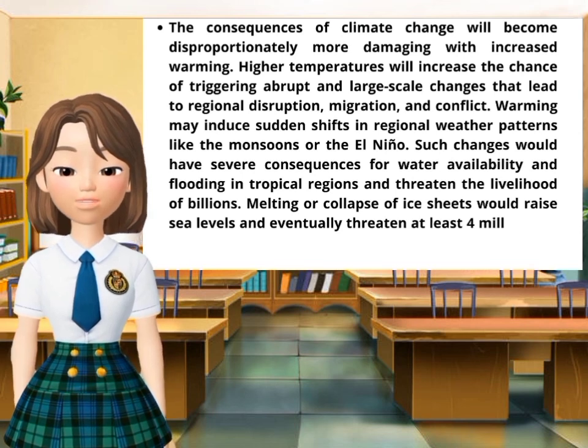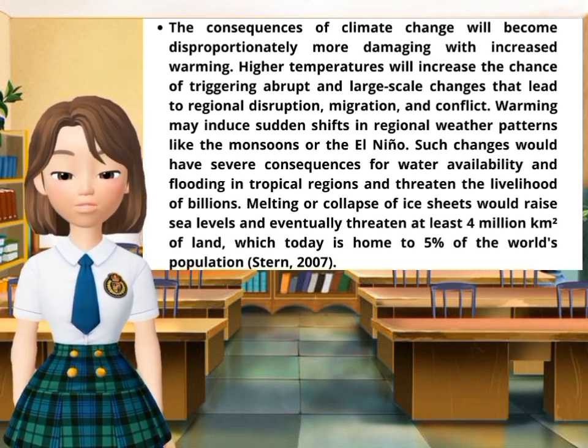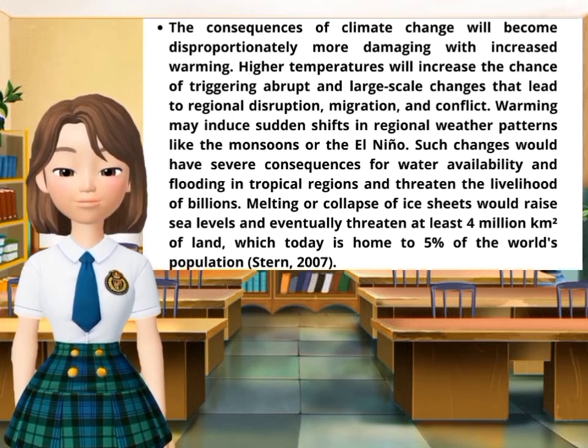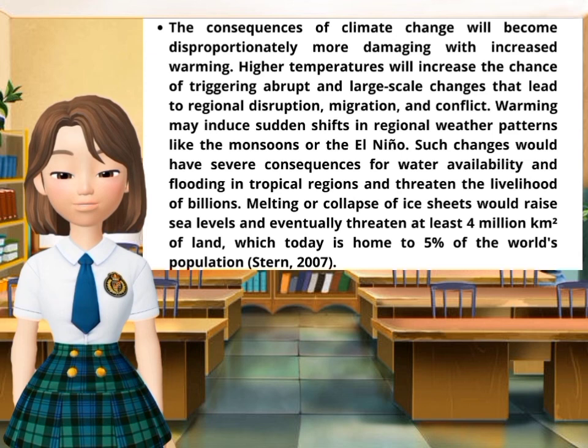Such changes would have severe consequences for water availability and flooding in tropical regions and threaten the livelihood of billions. Melting or collapse of ice sheets would raise sea levels and eventually threaten at least 4 million kilometers of land, which today is home to 5% of the world's population.